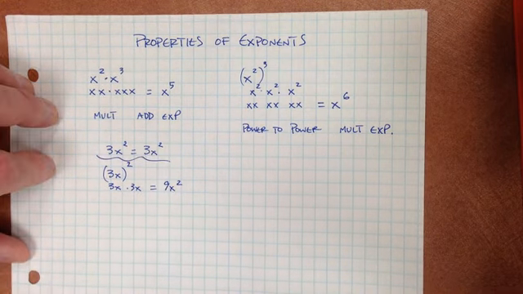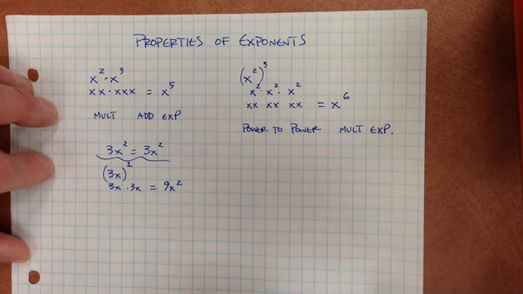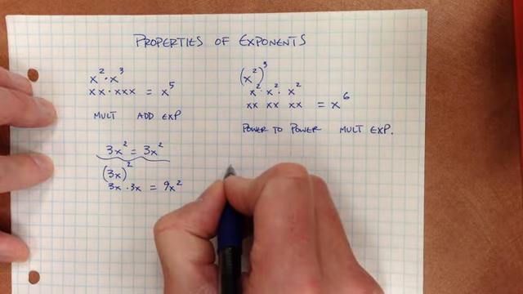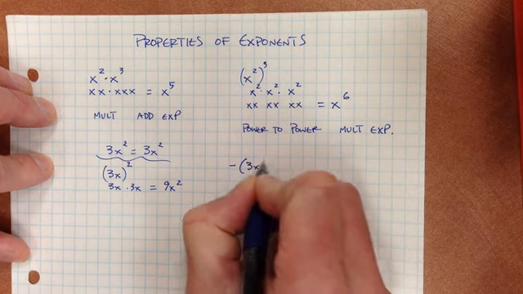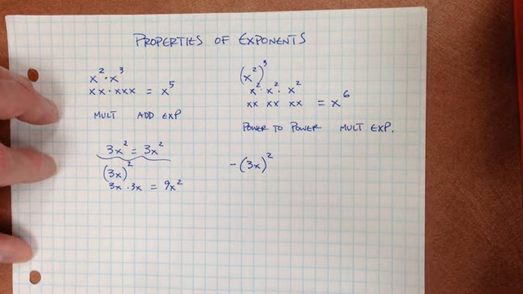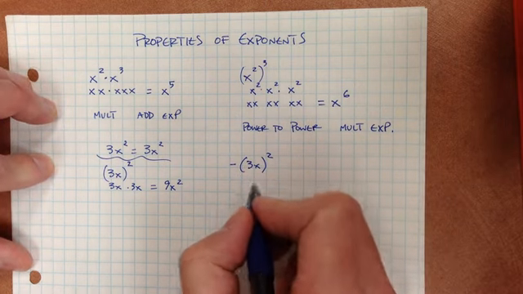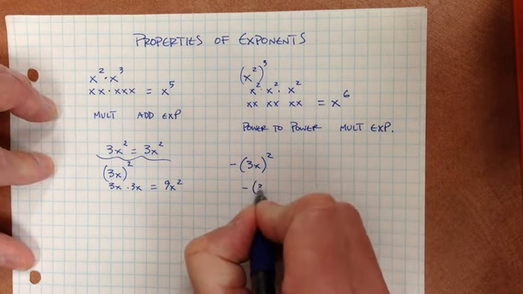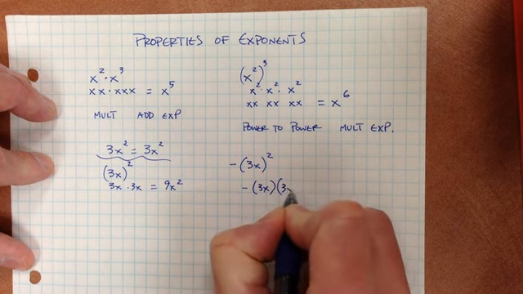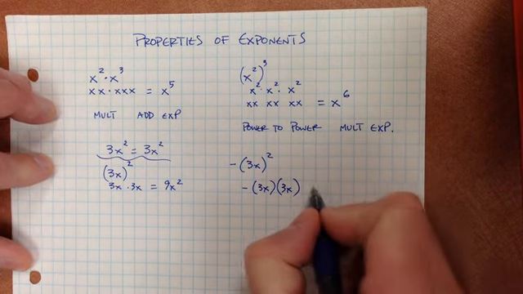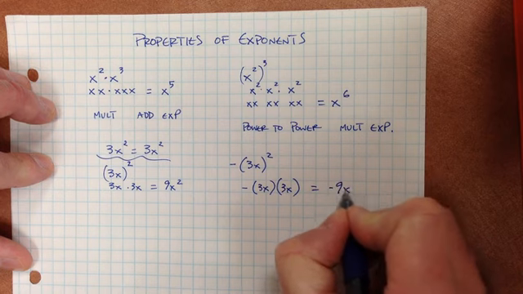Let's give us a little break right there. Or, what about negative 3x squared? Well, what is being squared? Simply what is inside these parentheses, so this could be expanded to negative times 3x times 3x, giving you then negative 9x squared.